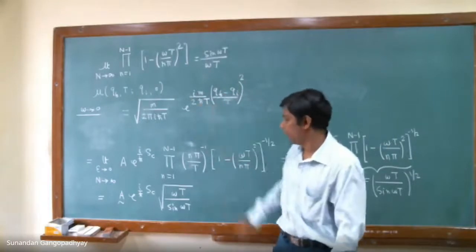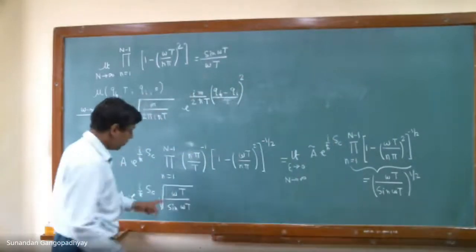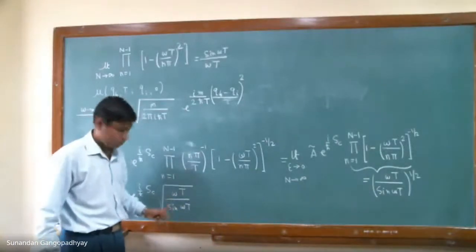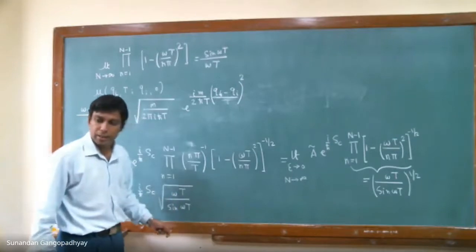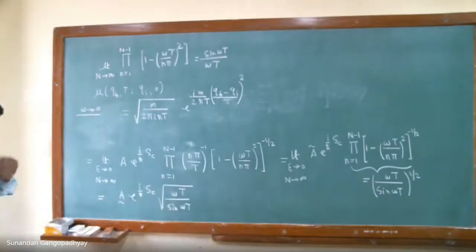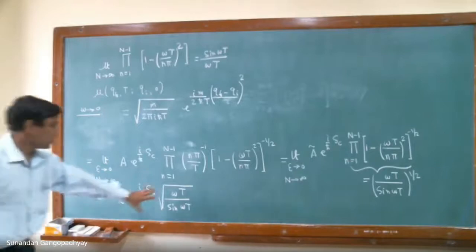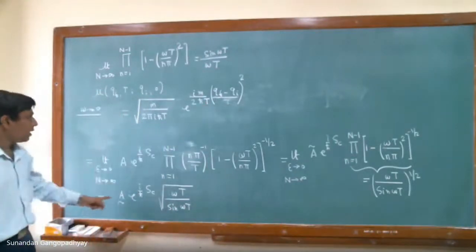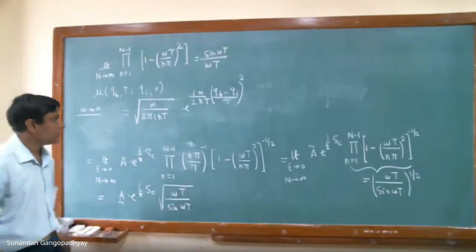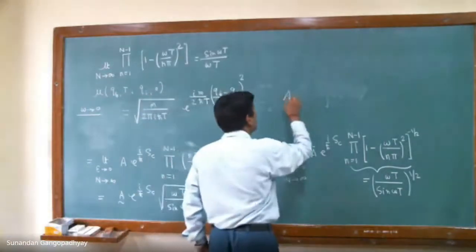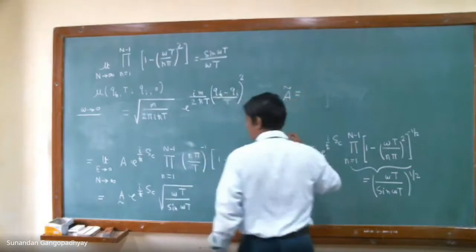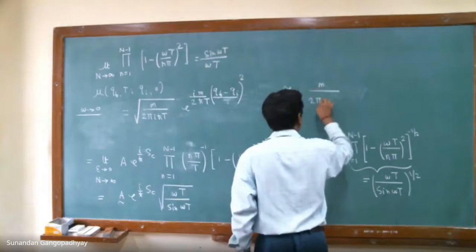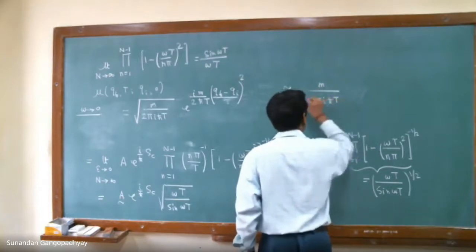And in the omega 0 limit, you see that this other factor is 1. This is the standard sin theta by theta limit, theta going to 0. So that factor is not there, and what is left is only this factor. So you can immediately fix what A tilde is. This implies that A tilde is nothing but the square root of m by 2 pi i h bar T.